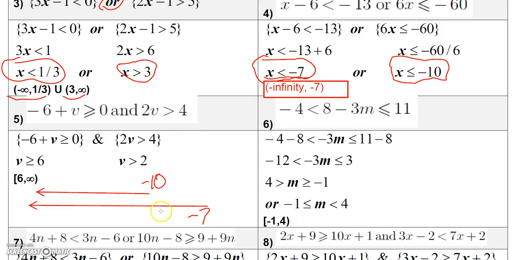So which one of these would include all the values, here and here? If you include everything less than negative 7, that would actually include this region. So actually, the answer would be x is less than negative 7, or negative infinity to negative 7 would be the solution set. So anyway, I hope that made sense to you.